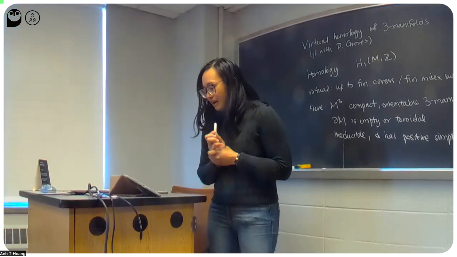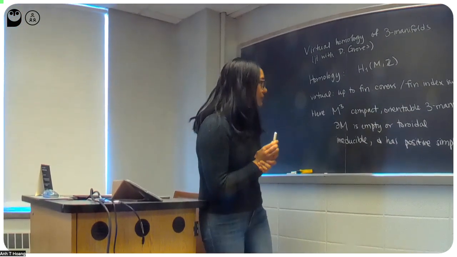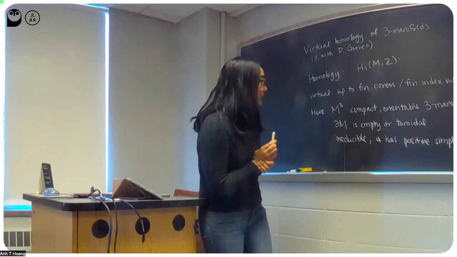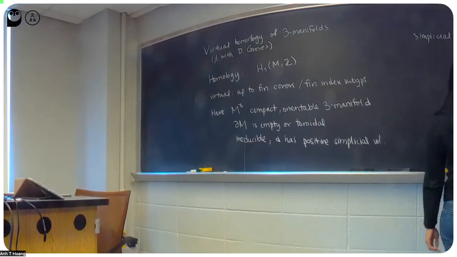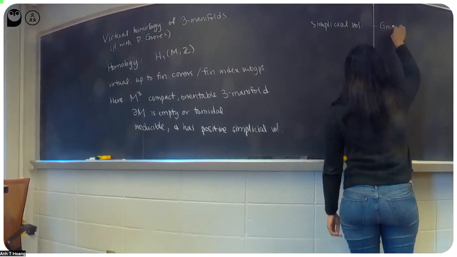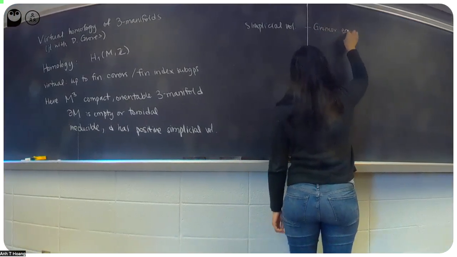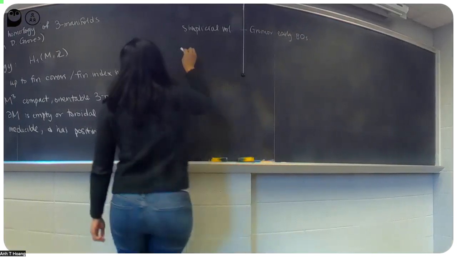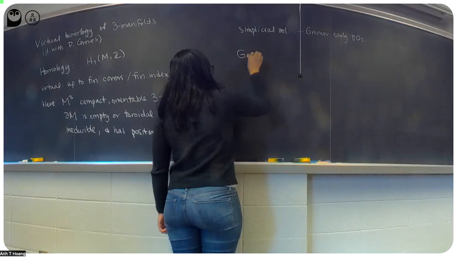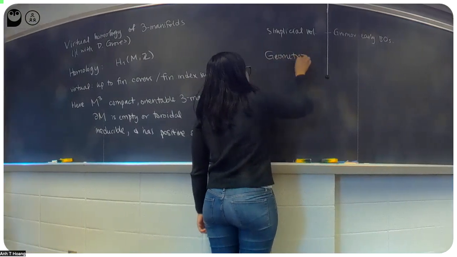However, there's another way to think about it in terms of geometrization. That's all I'll say about this. So this was introduced by Gromov, maybe early 80s. Let me tell you first about geometrization.